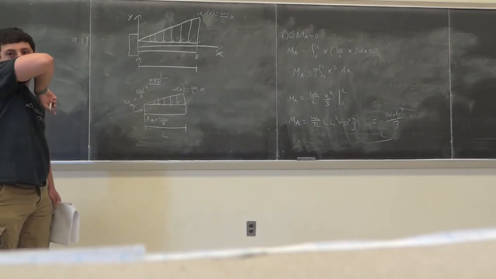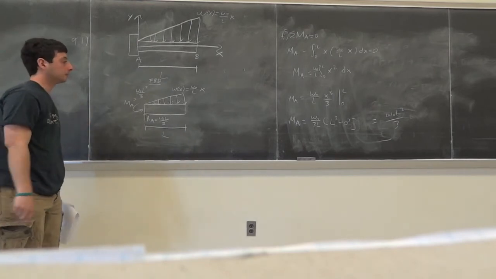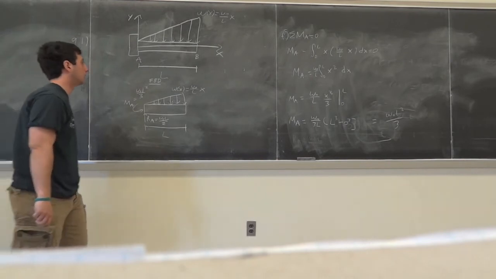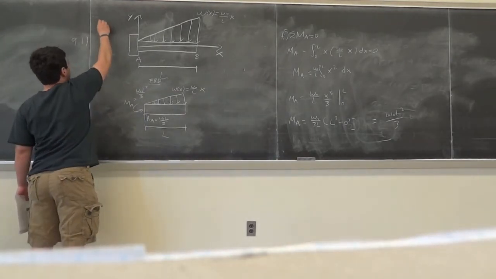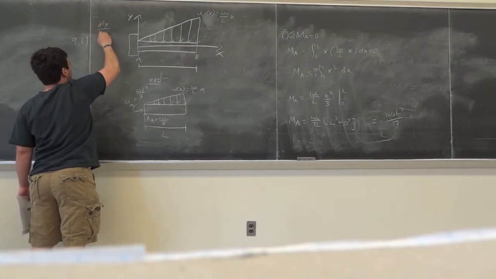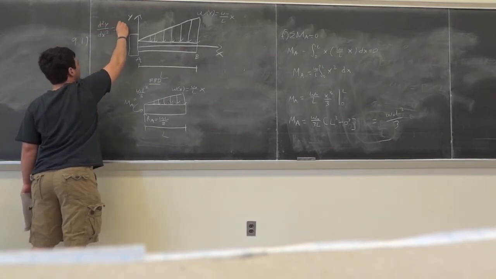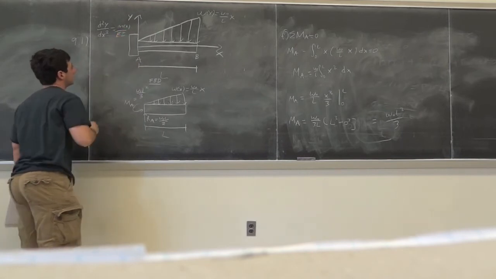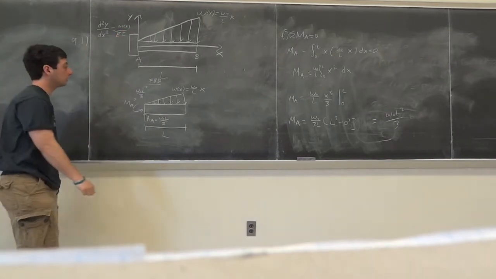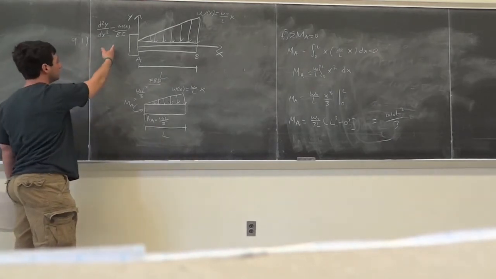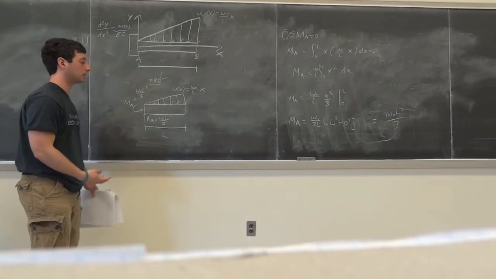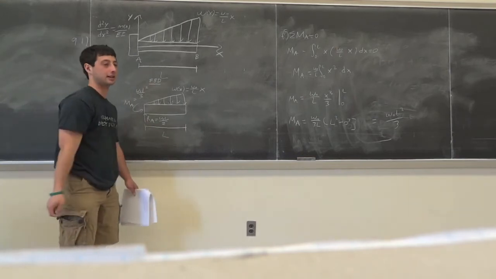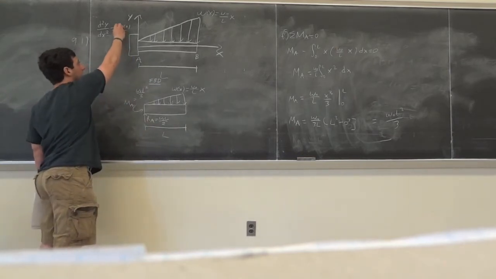You guys learned the differential equation, right? It's a second order differential equation. It's d squared y over dx squared is equal to M of x over EI. This is to find the elastic curve. Okay, so you're gonna have to use this in part A. So we have to find the moment, how it varies at a distance x, because we need this term, right?